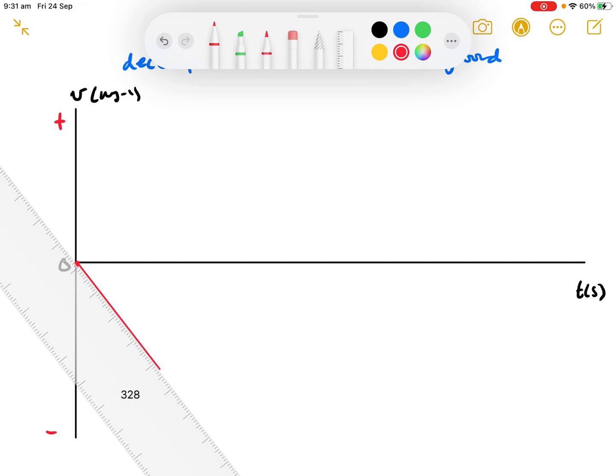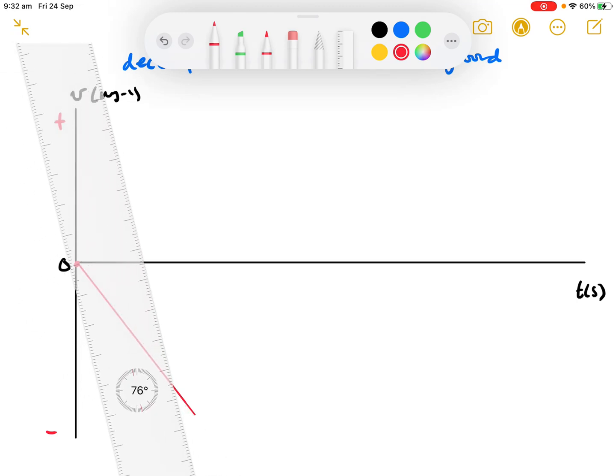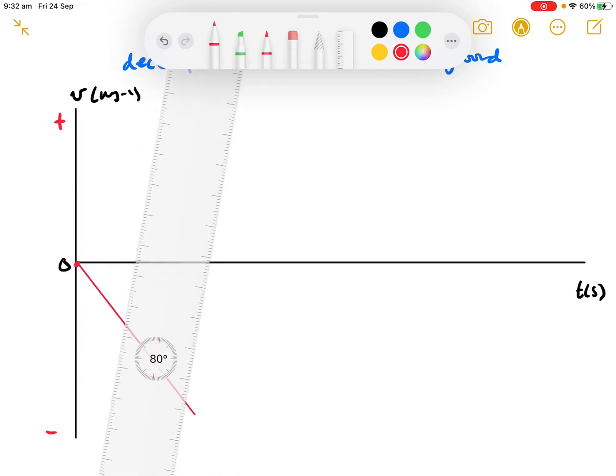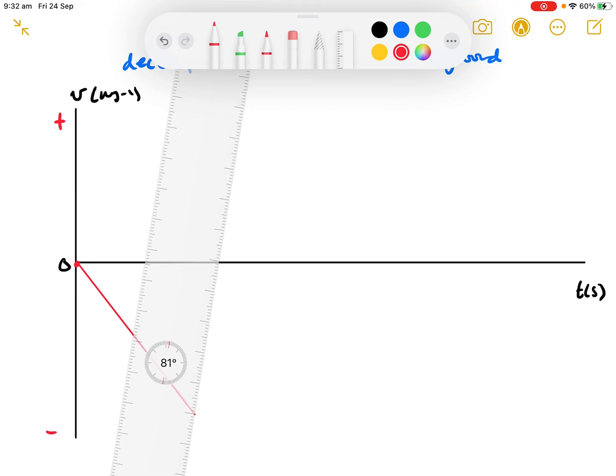Falling downwards under gravity. And at this point, let's make it go slightly further. At this point, it's going to hit the ground. So it first comes into contact with the ground now. And as soon as it hits the ground, it undergoes a pretty rapid deceleration.